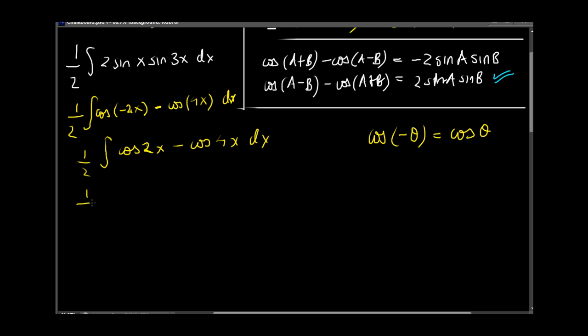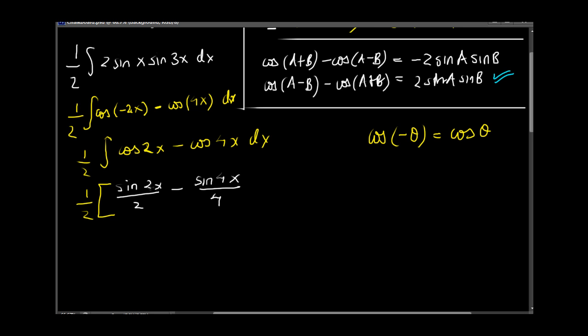So this is 1/2 times the integral of cosine of 2x, I believe you know that, so it is the sine of 2x over 2, right? And I'm subtracting from that sine of 4x over 4, right?